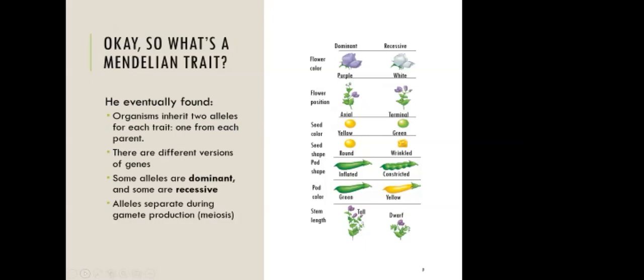Is this making sense so far? Yes. Awesome. And just like we saw, some of these alleles are dominant, so they will show up, like the yellow color, and some are recessive, so they won't show up if the dominant allele is present.